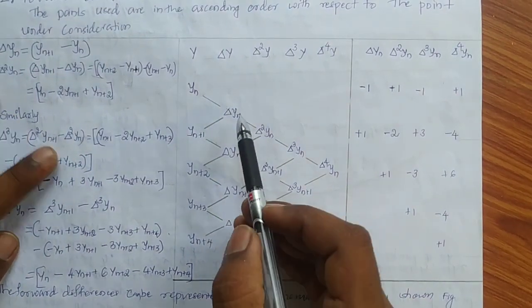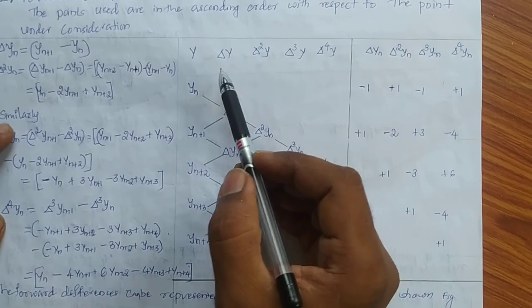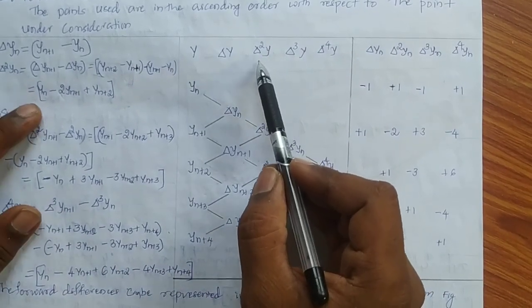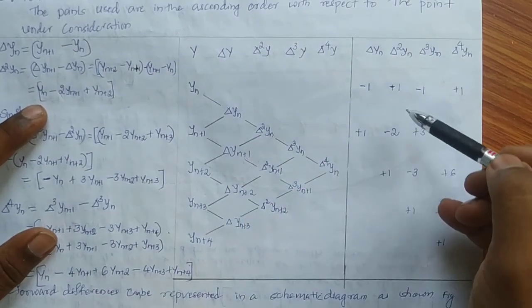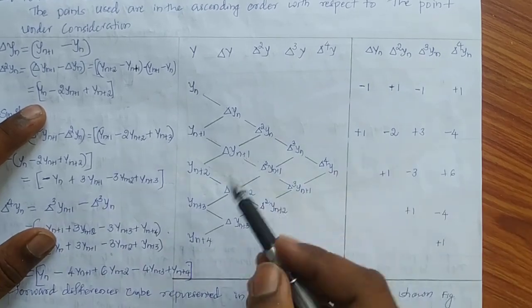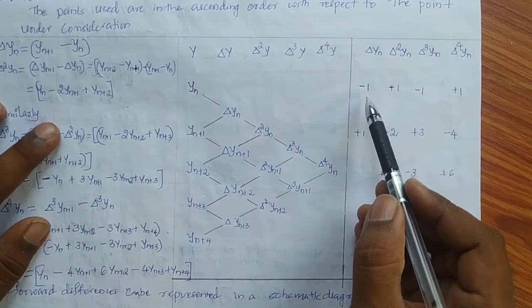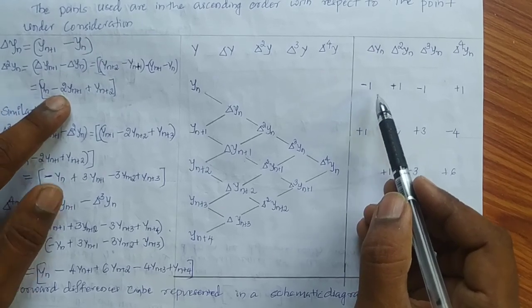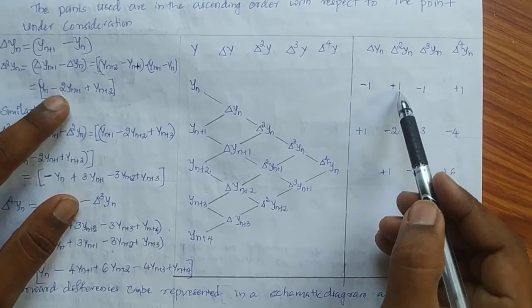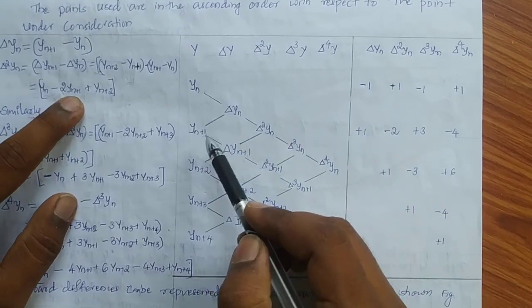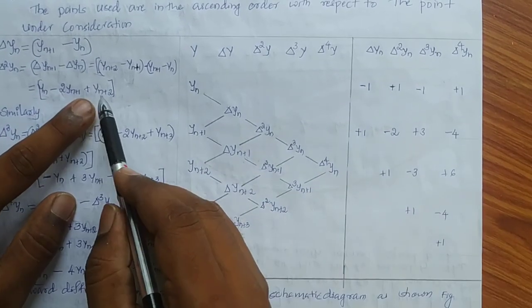So delta y we had obtained. Now delta square y, how to get this? I'll show you here. You will have the same table, the same values will be there. So you can see here delta square yn is yn minus 2 yn plus 1 plus yn plus 2.